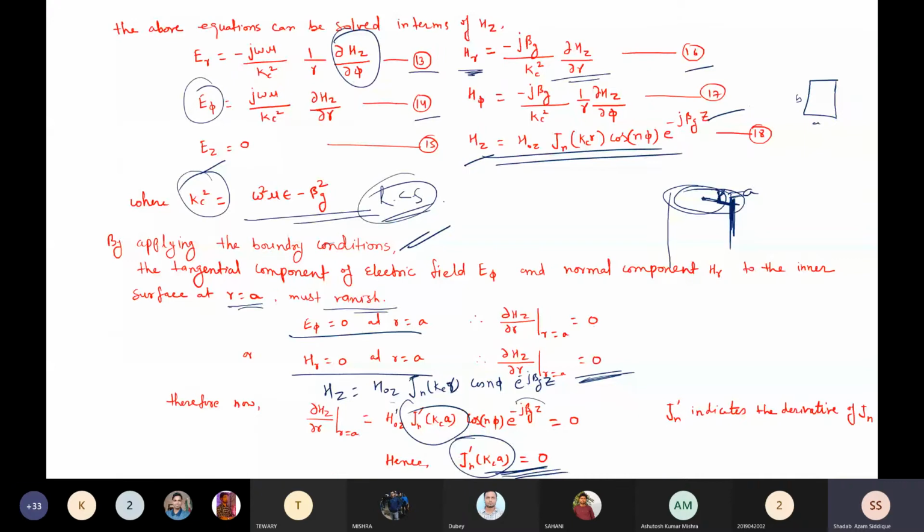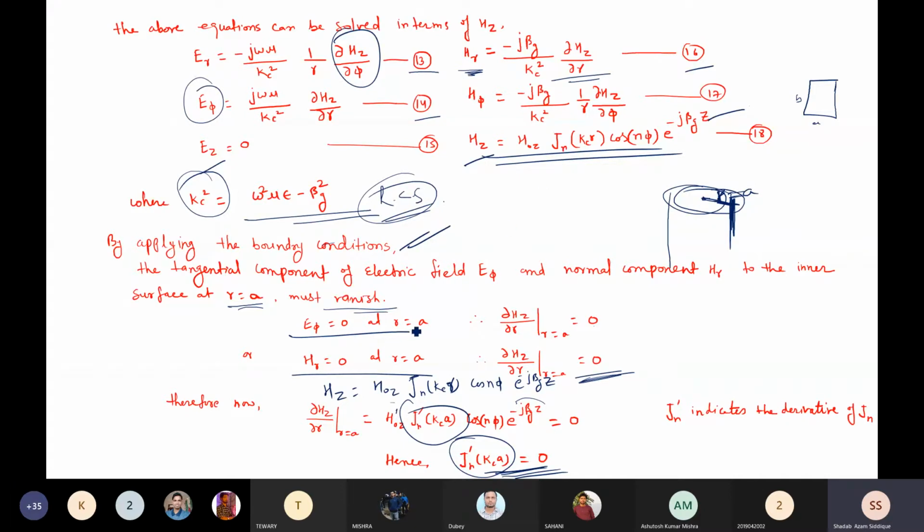After that, we found the solution comes out in terms of Hz, this one. We can also apply the boundary condition, and for that we have this J_n(kc r). How does the function J_n(kc r) look?